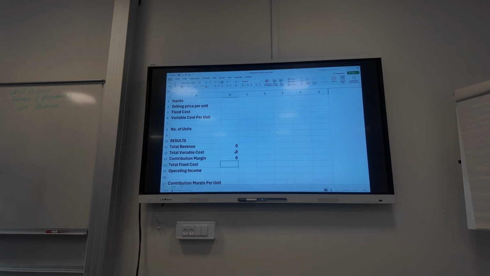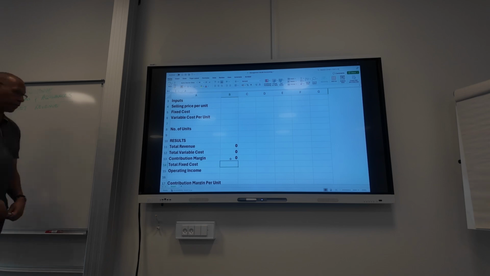Everybody knows what contribution margin is, right? Contribution margin, revenue minus total variable costs. And instead of writing it in words, we're using a formula to pull from the cells.